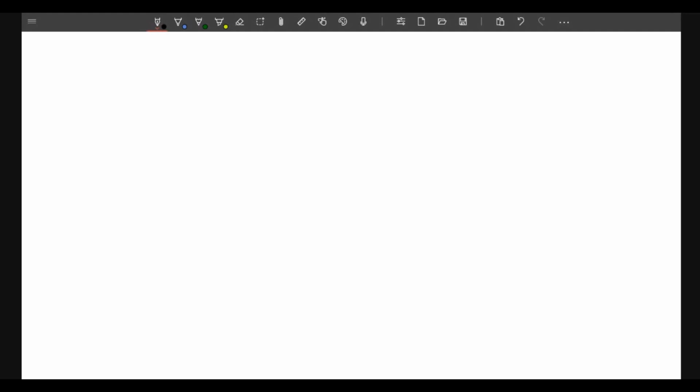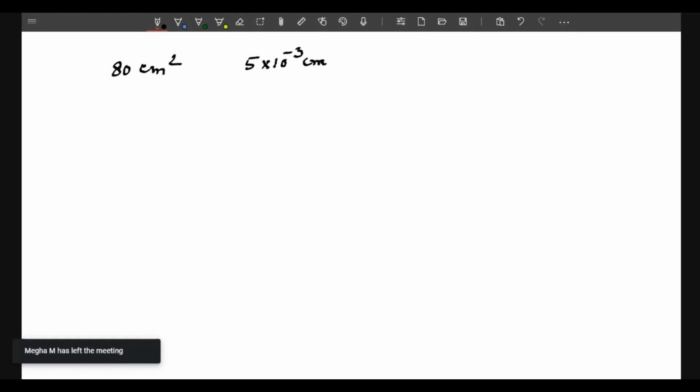Take down the problem: calculate the time required to coat a thin layer of silver on a metal surface area 80 centimeters square, with thickness 5 into 10 power minus 3 centimeter, by passing 3 ampere current through a silver nitrate solution.